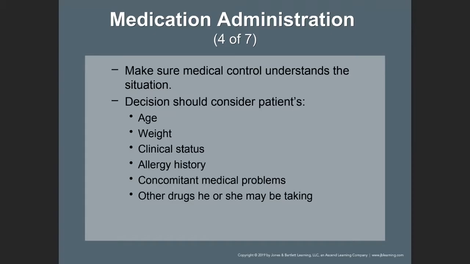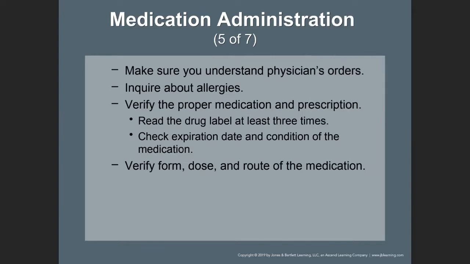Decision should consider the patient's age, weight, clinical status, allergy history, concomitant medical problems, other drugs he or she may be taking that can interact with the medication that you need to give the patient. Make sure you understand the physician's order, inquire about allergies, verify the proper medication and prescription, read the drug label at least 3 times.